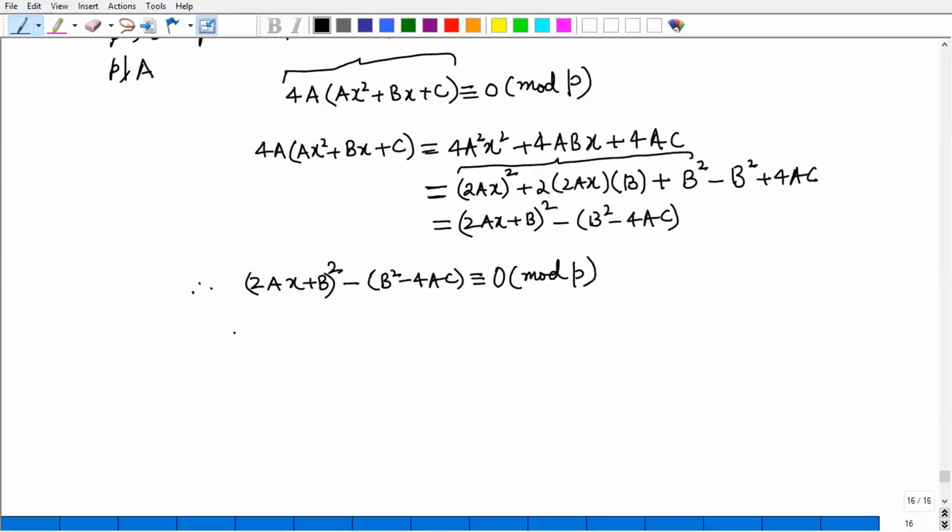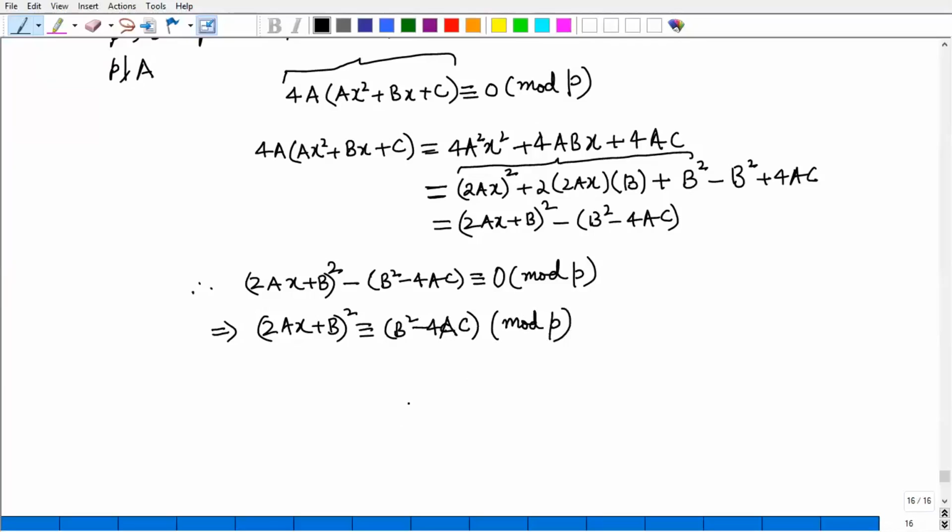Or you can write (2ax plus b) whole square congruent to b square minus 4ac modulo p.